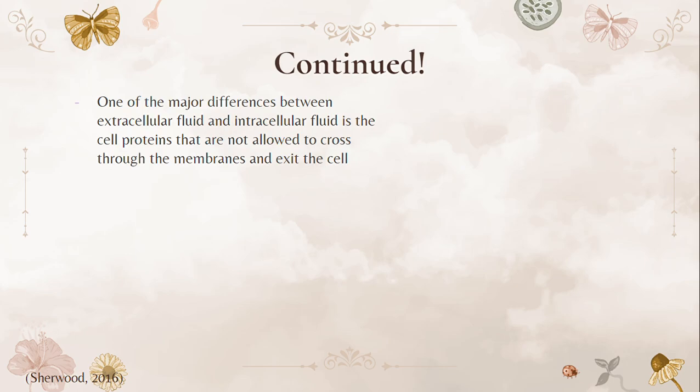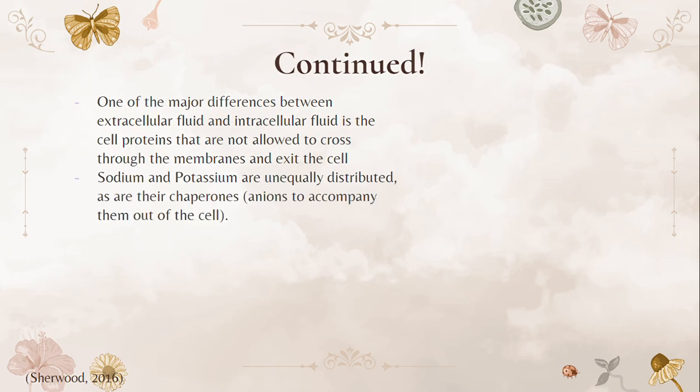One of our major differences between extracellular fluids and intracellular fluids is that the cell proteins within the intracellular fluid are not allowed to cross through the membranes. That is a no-go, off-limits portion. Sodium and potassium, however, can move through freely, as can their chaperones, which is just a way I like to talk about anions.